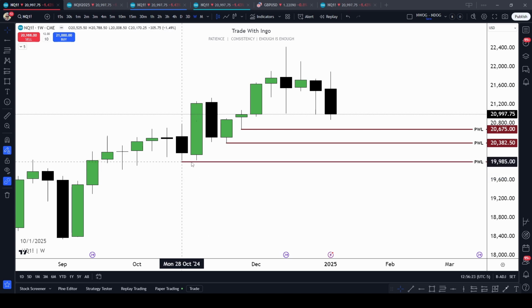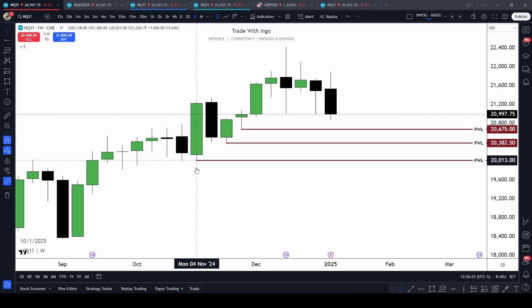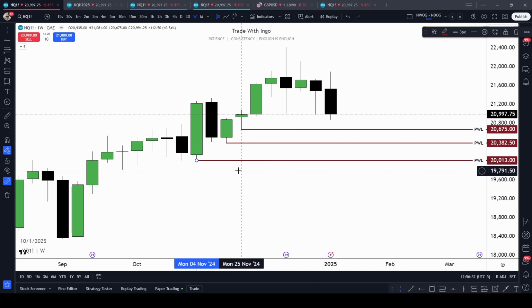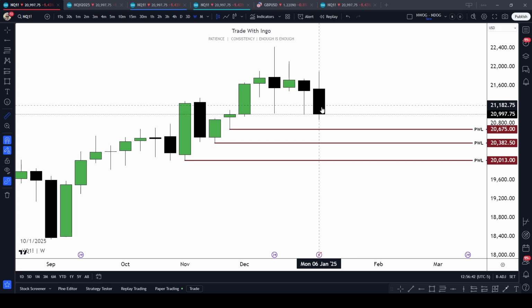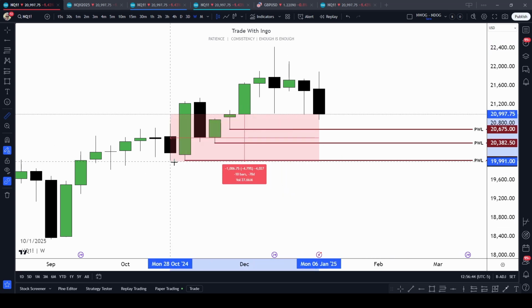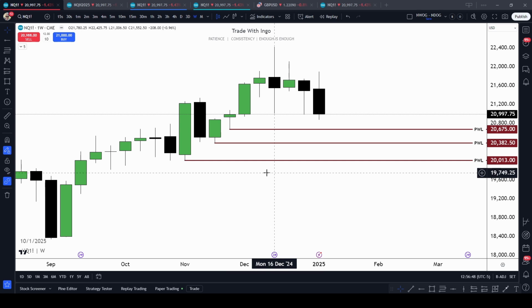So these are generally relatively equal, with the right one a little bit higher than the left one. So these are my targets for the rest of the month. I don't expect this week to be traded into all three levels, because from current market price to this low is almost 1,000 points, which is pretty insane if you ask me.